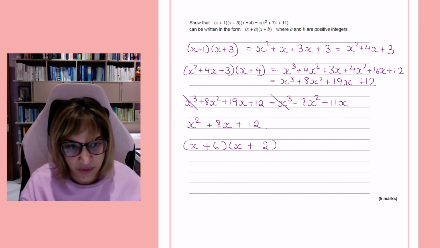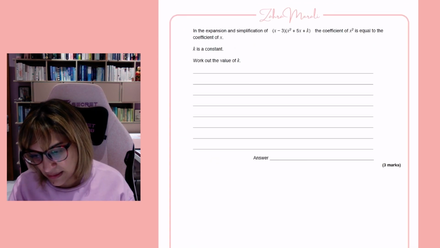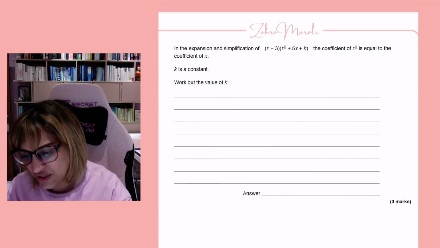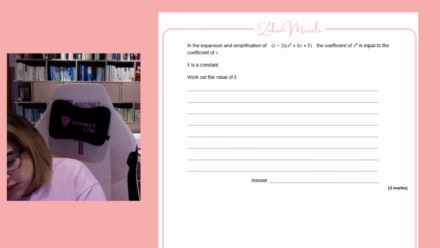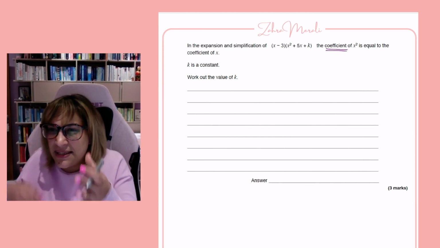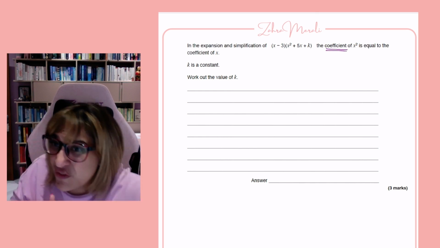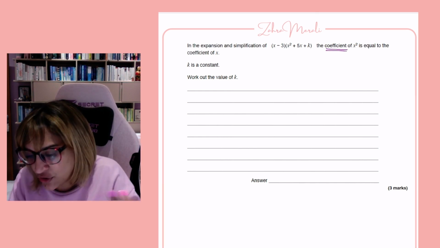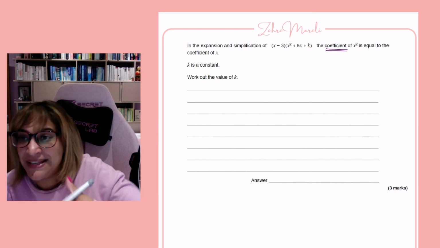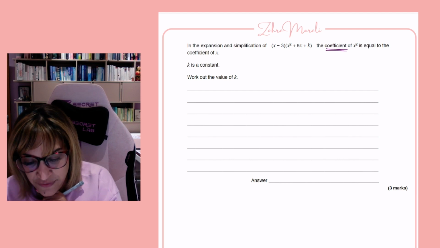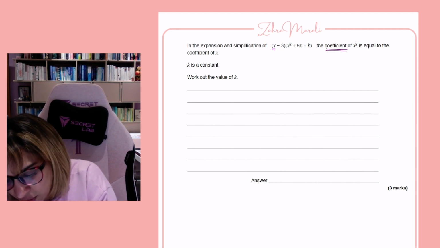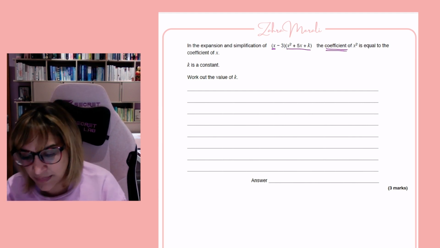Right, next we're going to be looking at a question where they don't give you something and they talk about coefficients. So remember, a coefficient is effectively the bit in front of. So the coefficient of x squared is the bit that's going to be in front of your x squared. Right, so let's open this out first. So we're taking the whole of this bracket and multiplying it by x.